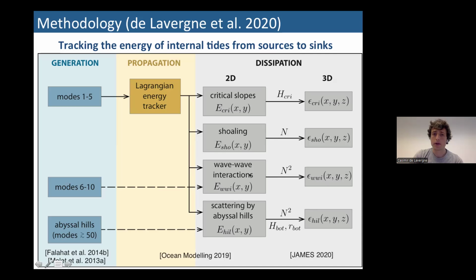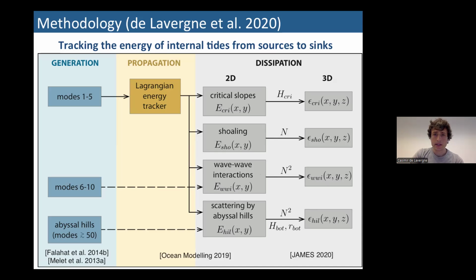Then we have another process which we estimate in a simple way, that's dissipation by wave-wave interactions. And finally, scattering by abyssal hills. So abyssal hills are really the small-scale roughness of the seafloor.